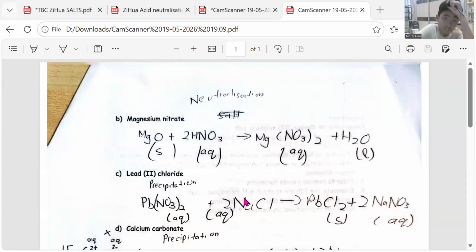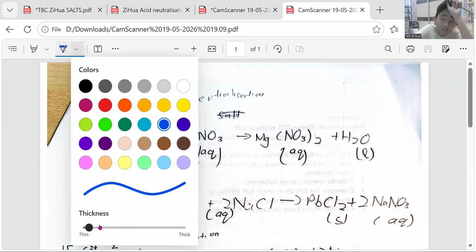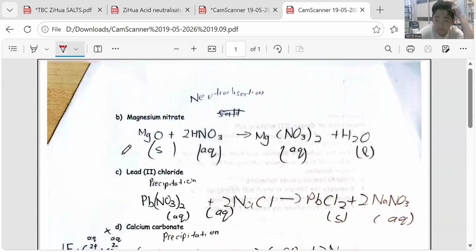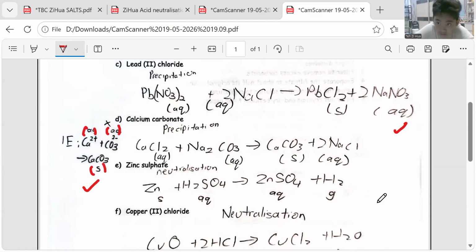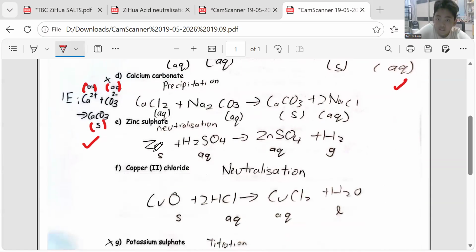Okay. Must bracket, okay? State symbols must bracket, okay?